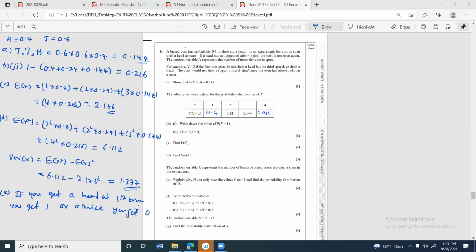That means when you get a head, you count it as 1, and if you don't get a head, you count it as 0. Then the only events available here are these two. The probability of heads is 0, or the probability of head is 1. That is the answer for this question, right?